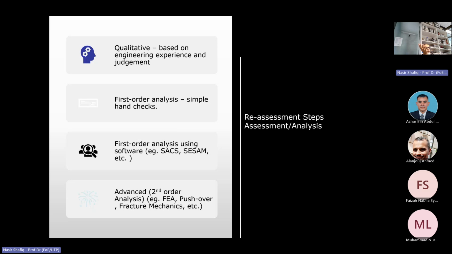And the second order, which is the advanced, if we find something fishy in the first order. Because if you go straight away for a detailed assessment which was not required, that will involve money, right? In a detailed assessment, maybe you have to shut down your plant for 1 week, plus more manpower, plus more testing, and in the end you find that the asset can sustain these operating conditions very safely for the next 5 years.